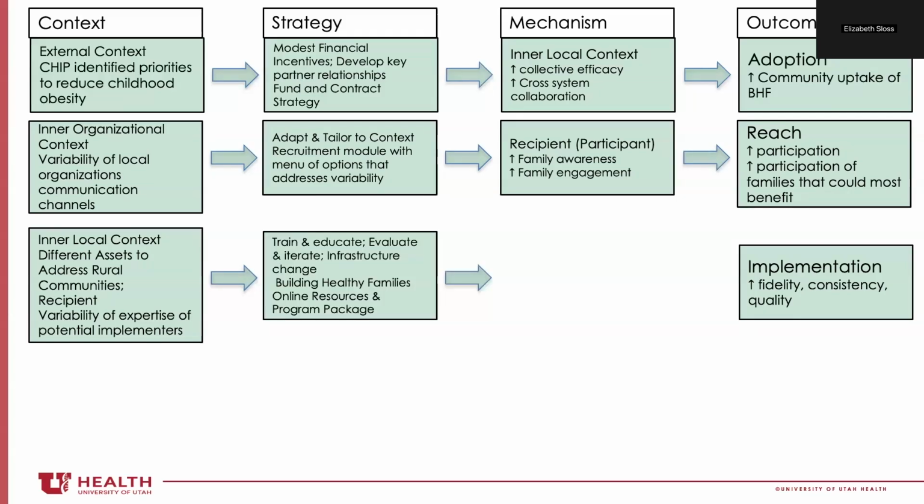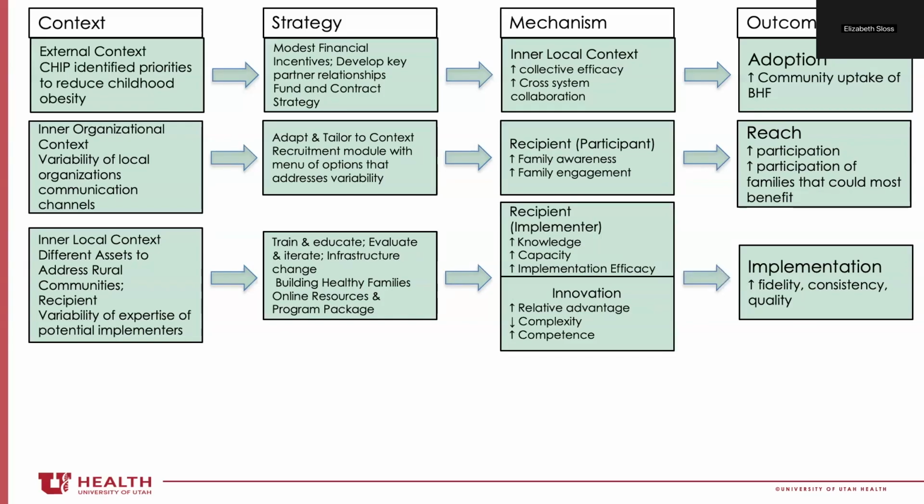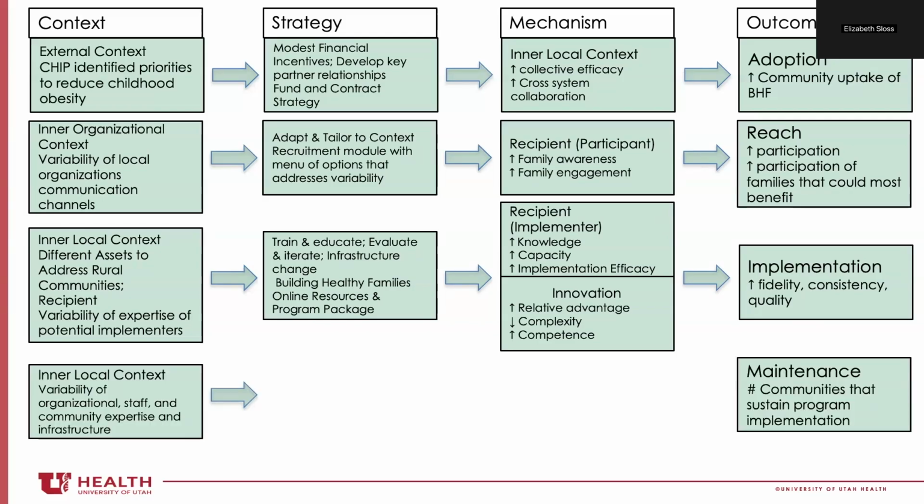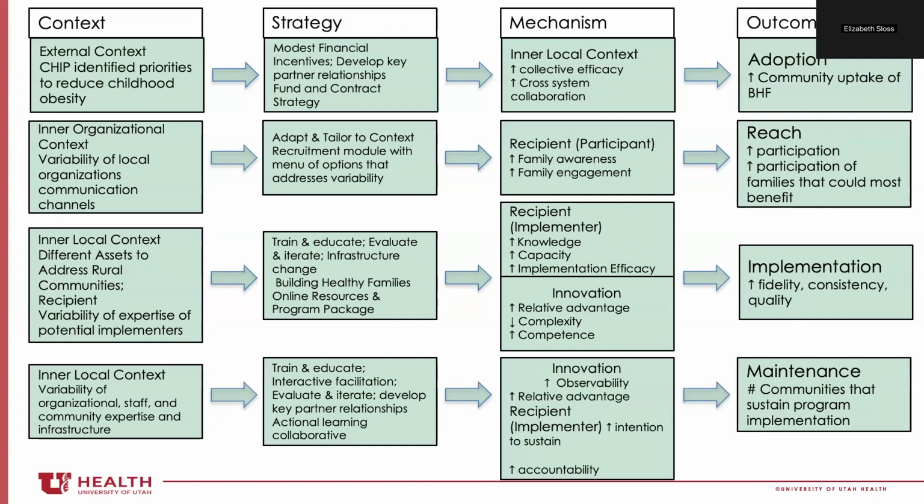And so again, I'll give you your context. We have some training and evaluation components and infrastructure change with our online portal. This is part of our primary outcome line. But again, you can see that there are different mechanisms that work through to improve implementation fidelity. And then finally, I just kind of walk through and show.